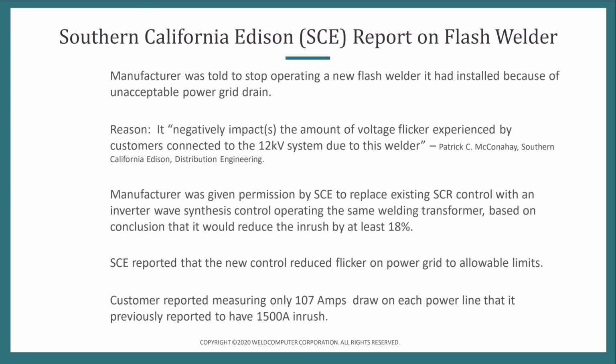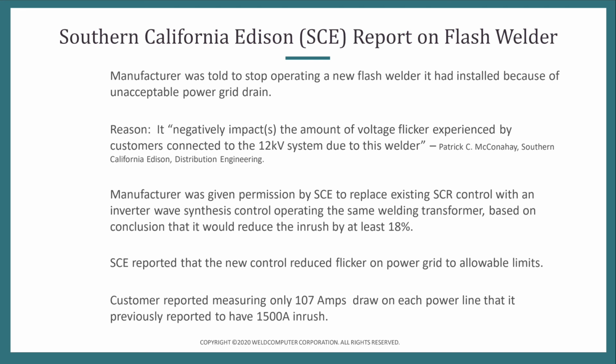And we basically told the company that you can replace your SCR control with an inverter wave synthesis system, and we'll guarantee that it'll reduce your inrush current by 18%. And of course, it took a lot of posturing with the power company because they wanted to sell them this new power feed. But in the end, they reported that the new control reduced the flicker on the power grid to allowable limits.